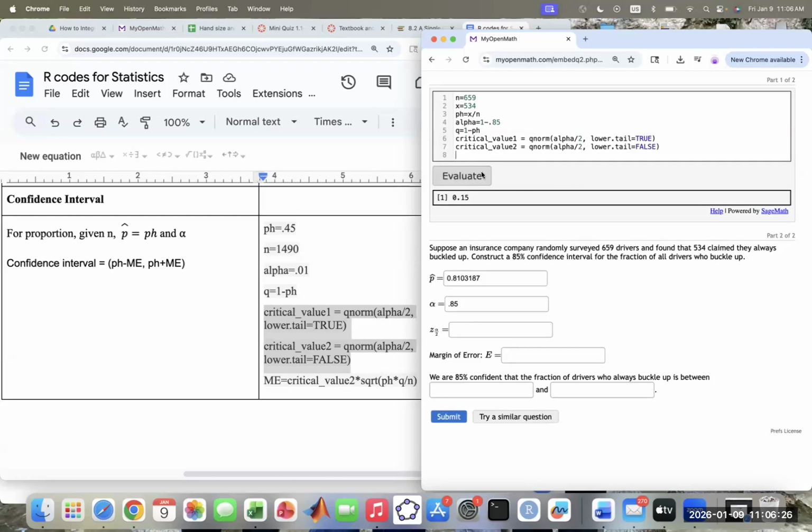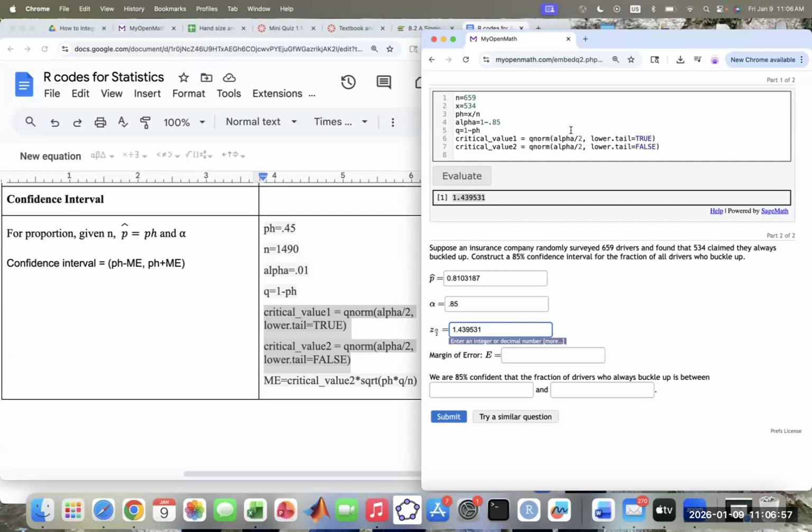And the other one, if I remove this and evaluate, gives me the other value, the negative one. So I'm going to put it back. This is what we're going to need, and we're going to call it later. This is the number that I'm going to paste into the critical value, z alpha over 2. So keep that in mind.